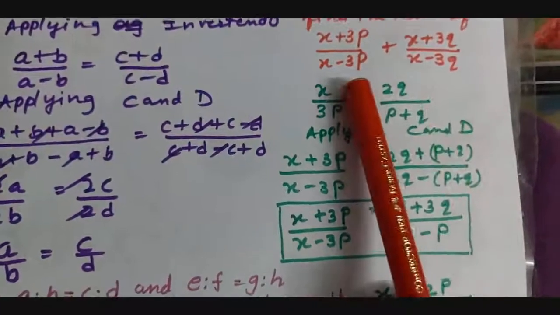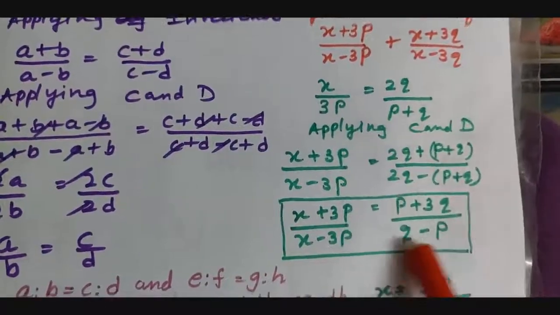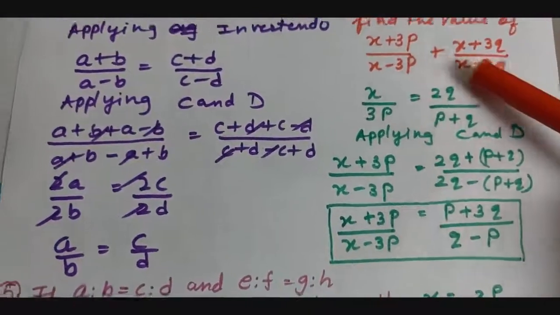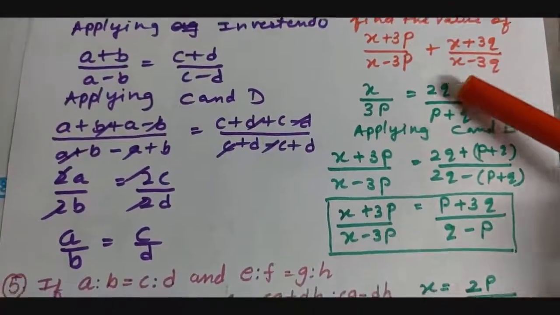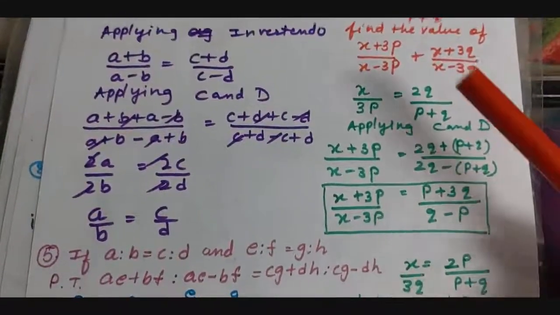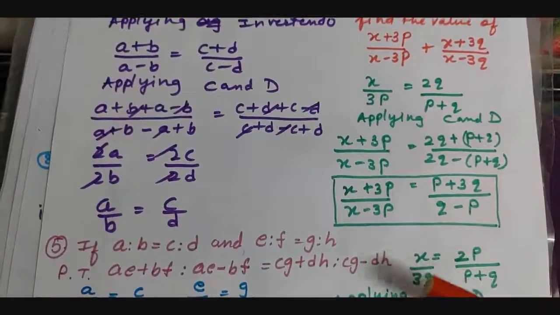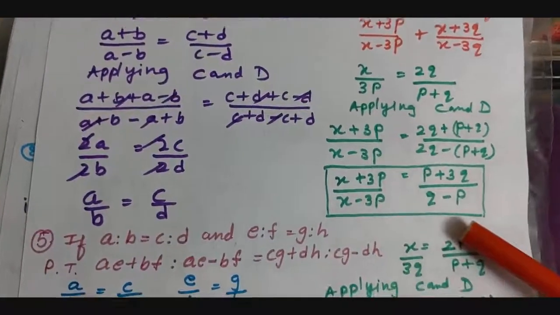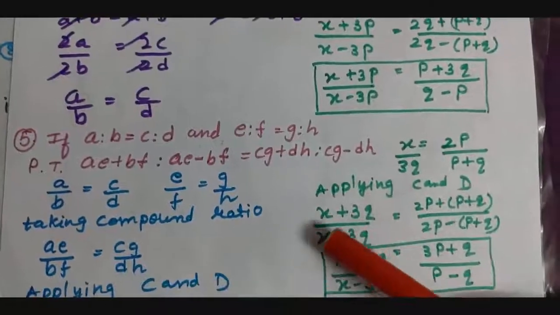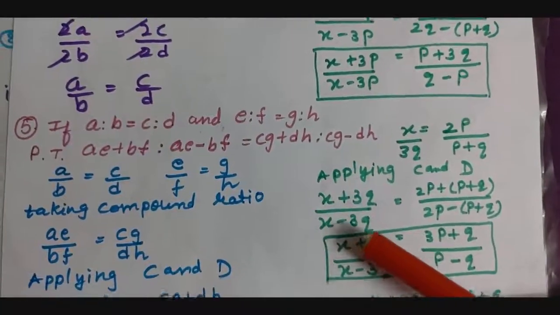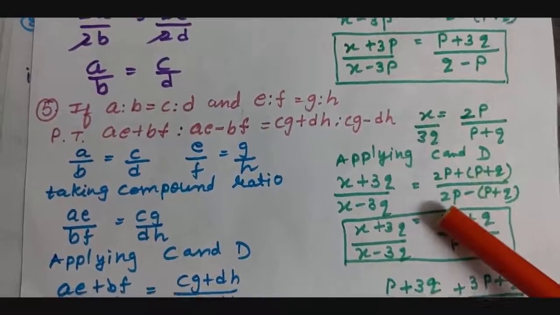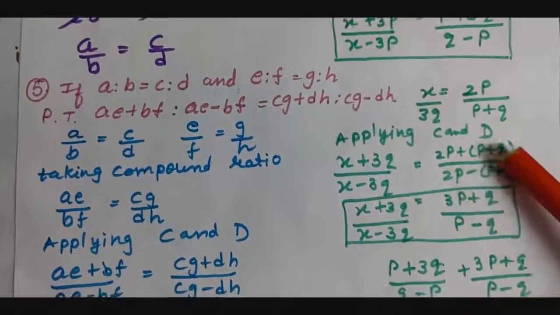So first term value found here, which is kept in the box. Next is x plus 3q upon x minus 3q. So again rearranging the terms as 3q taken down and 2p kept up. So applying componendo and dividendo there, x plus 3q upon x minus 3q is equal to 2p plus p plus q, 2p minus p plus q.